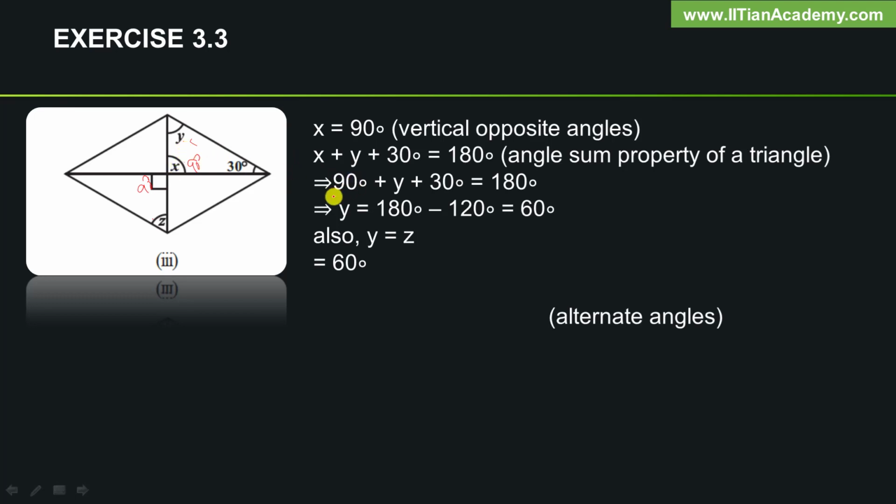Hence, x plus y plus 30 equals 180 degrees, or 90 plus y plus 30 equals 180, or y equals 60. Also, y equals z equals 60, as y and z are alternate angles.